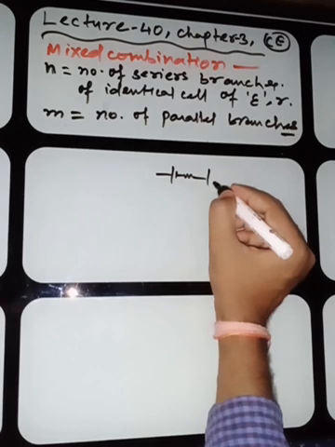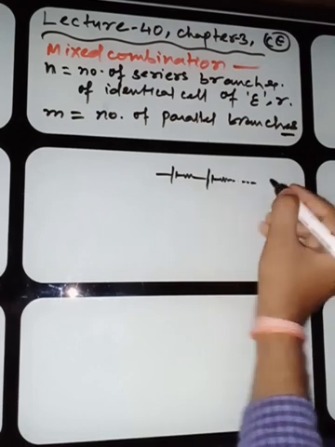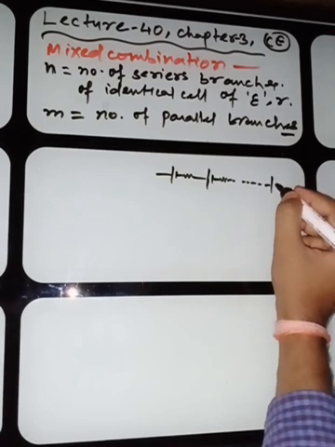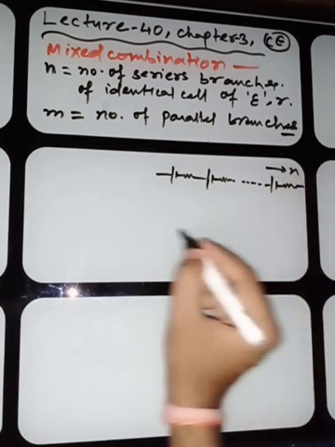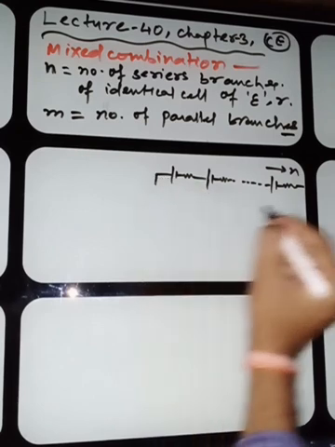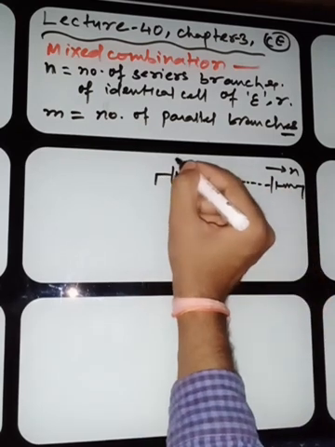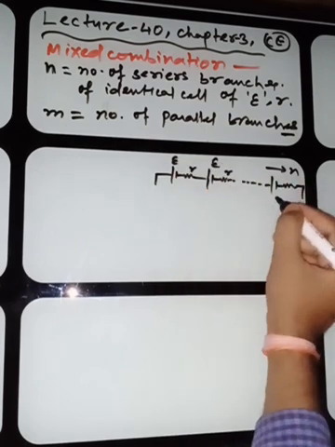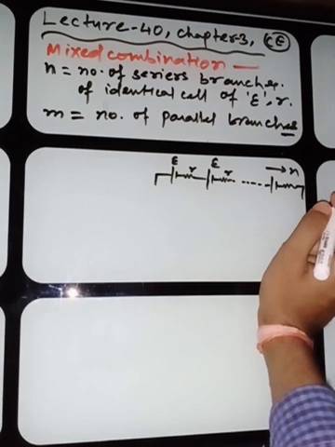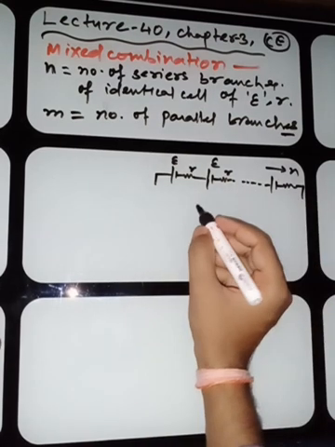Suppose this is one cell and the second one, and till how much do we have to arrange? N number. It is going to n. Now this is one branch of series. This is E with r, E with r, and E with r, 1, 2, 3, 4, 5 till n.